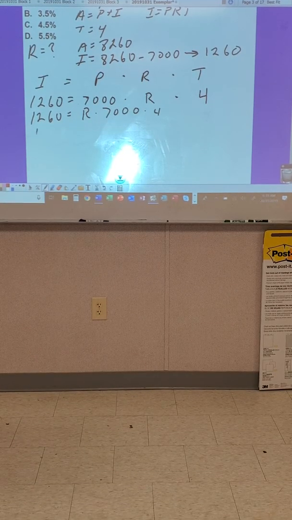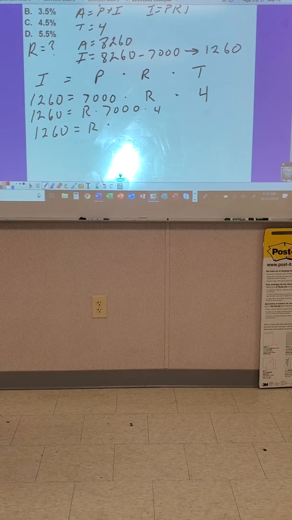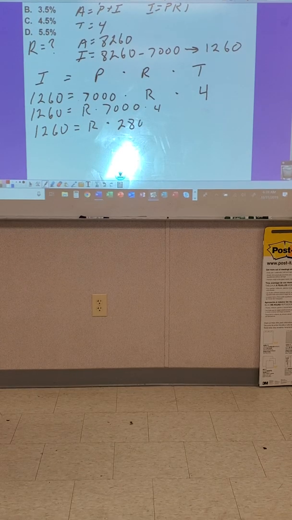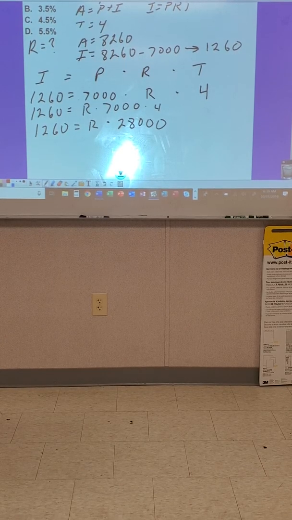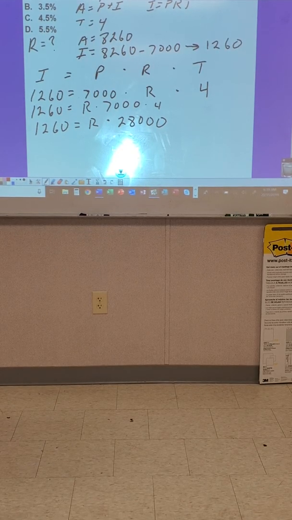So we have 1,260 equals the rate times 28,000, since 7,000 times 4 is 28,000. Great. We want to know what the rate is.